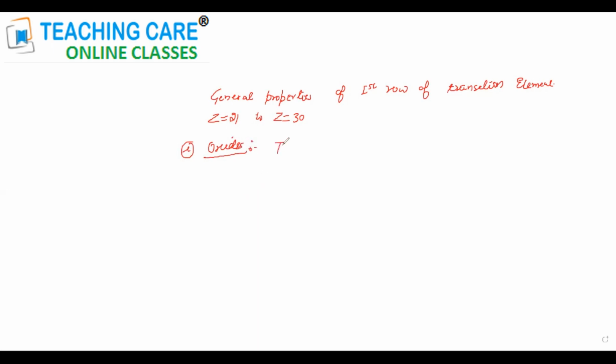The first row generally forms oxides of formula MO, M2O3, M3O4, MO2 and MO3.